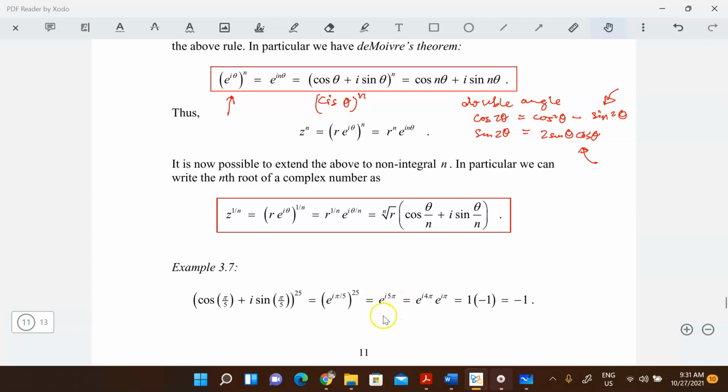Now, I want you to memorize this in some sense, or make it automatic. Whenever you find certain integer times pi, taken the exponential I of that, you always know what the value is. So in other words, over here, since this is odd, I know that it's going to be -1.